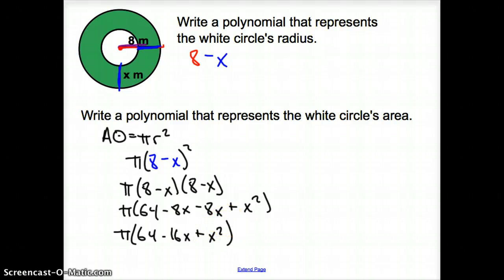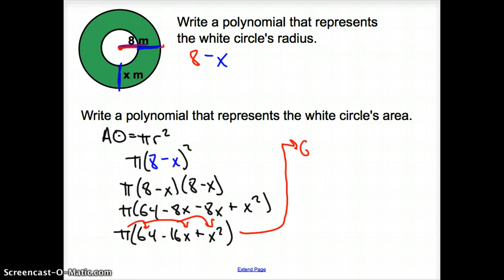Now, what do we have to do with that pi? This pi is just a number, so I'm going to treat it like a number, right? It represents 3.141592, whatever, right? Well, just leave it as pi. We're not going to plug it into our calculator, but we're going to go back up here with it and distribute it.